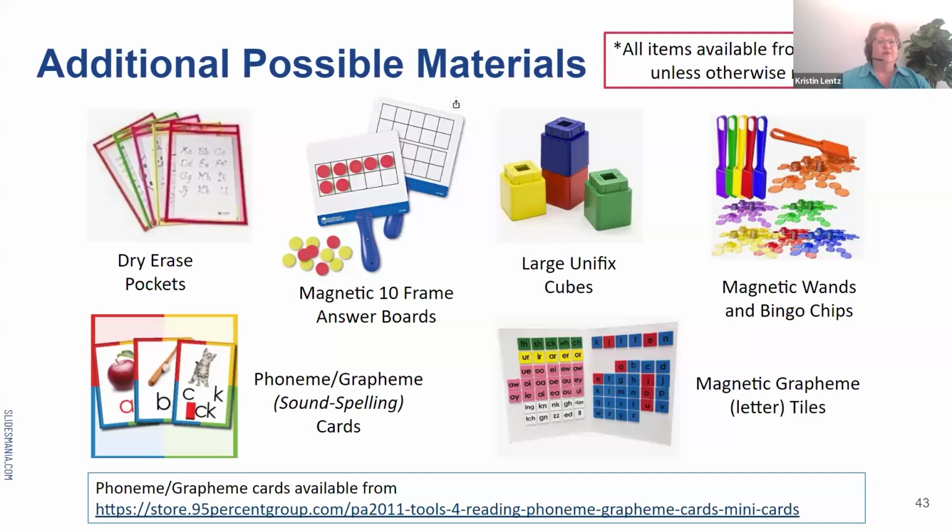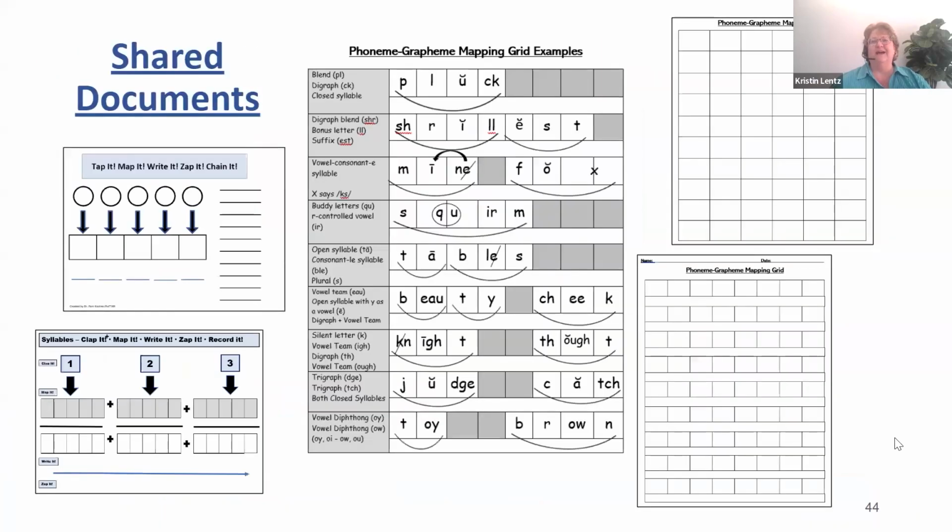They look similar to what they use in Wilson Foundations, and a number of other programs use these tiles as well, so kids can manipulate. This is particularly good if you have a student with dysgraphia, for whom the writing part is going to be challenging, but we can practice using magnetic tiles. And then these are some of the shared documents that you will find in the folder in addition to the slides, that you are welcome to use and share.